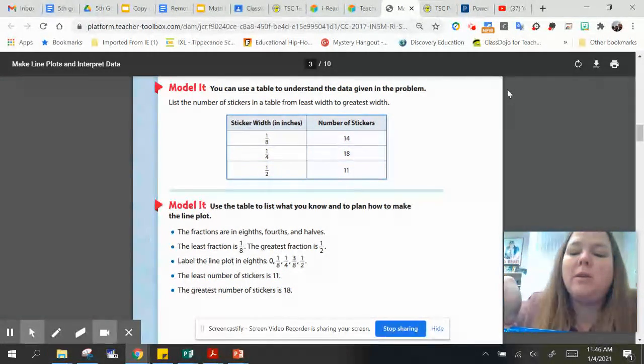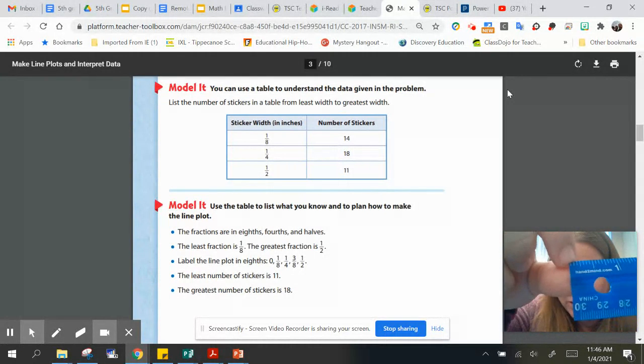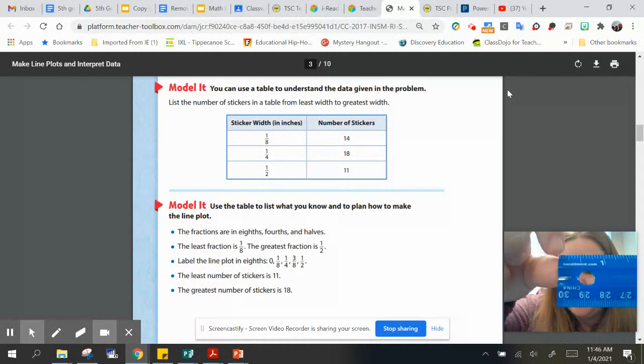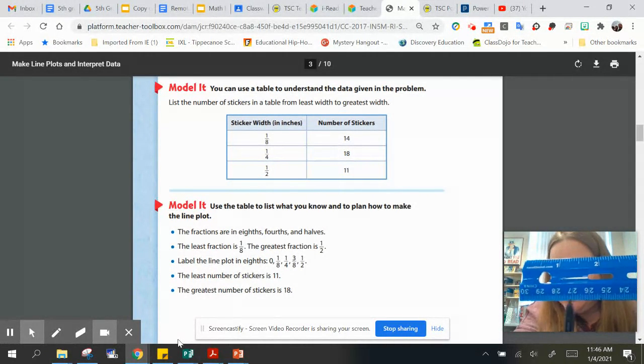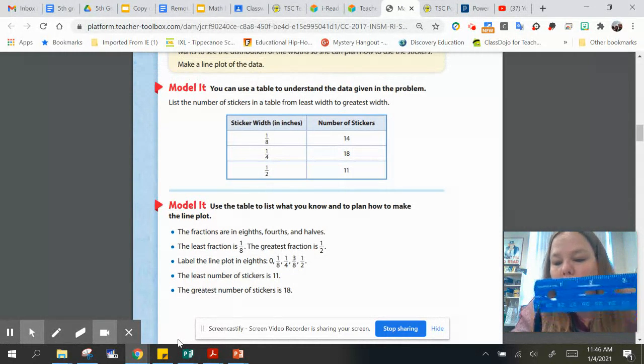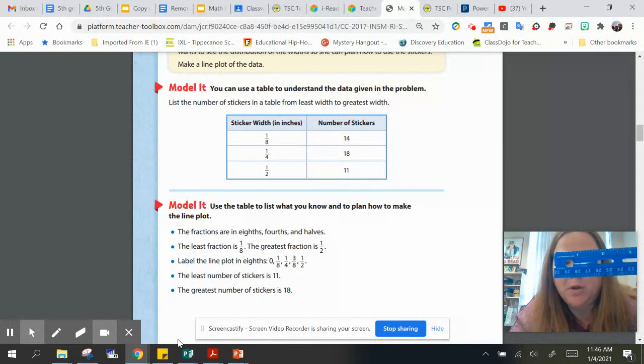So an eighth of an inch would be the second little tick over. It's very small. A fourth of an inch is this first long hash mark. Sorry, working upside down. That's a fourth of an inch. There's a half of an inch, this long mark, and then this little longer mark here is 3/4 of an inch. Oh, they don't have that. It's an eighth, a fourth, and a half.